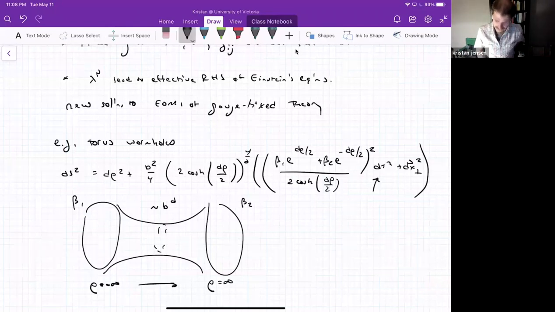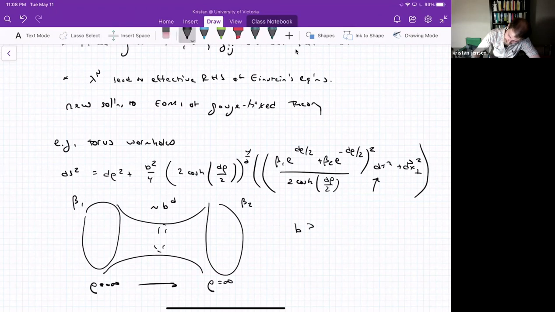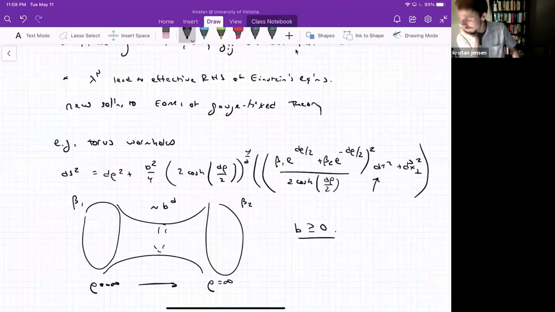And you have a geometry that interpolates from one side to the other. And there's really a family of these things labeled by this parameter b. And if you demand that the space-time is everywhere smooth, that puts a restriction that this b has to be positive, or rather non-negative. And it pinches off in the limit where b goes to 0.